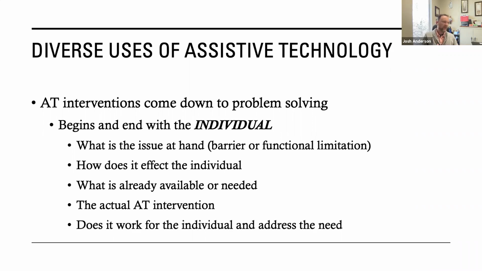But then also, after looking at how it affects the individual, what's already available or needed? I don't know if it's an old wives' tale or a story, but I think everyone in assistive technology has the story of you go to help someone and they tell you all this different stuff that they really think they need. And in talking to the person, it's one small thing. The desk is too low and I can't get my wheelchair up underneath it. And you can just take books, wood.